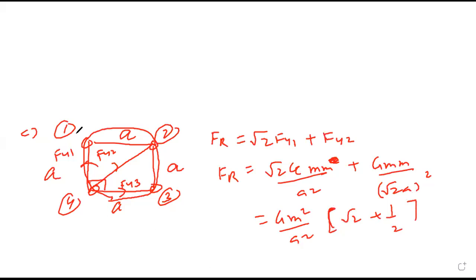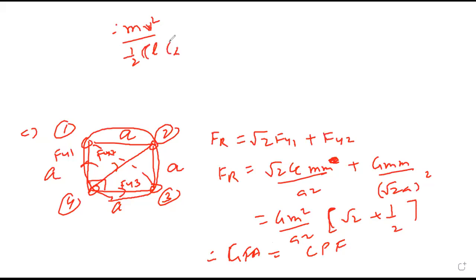This is the net force. Therefore the gravitational force of attraction must become the centripetal force, m v square by r. What will be r here? R will be half of the length of the diagonal. This is the radius of rotation.